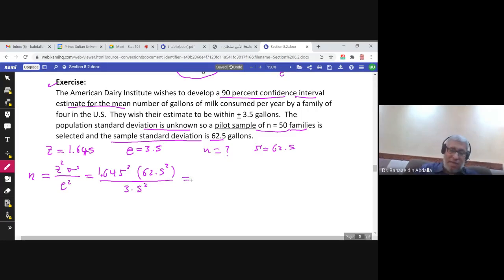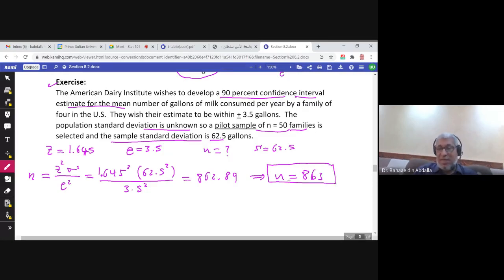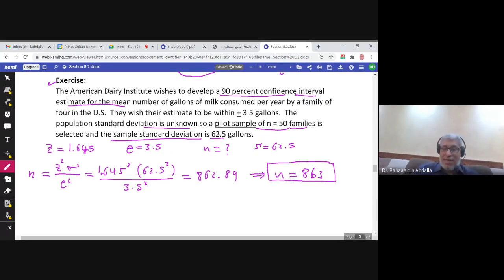Now find N: 1.645 squared times 62.5 squared over 3.5 squared. The answer is 862.89. So what is the required sample size? 863. You always round up. This is the required sample size.